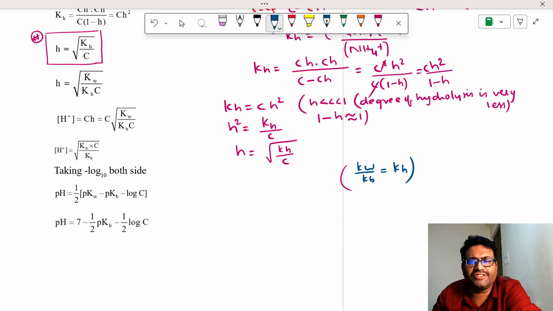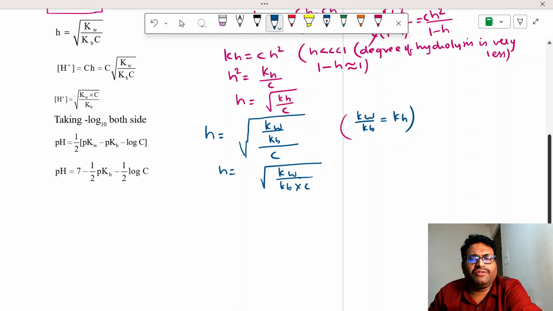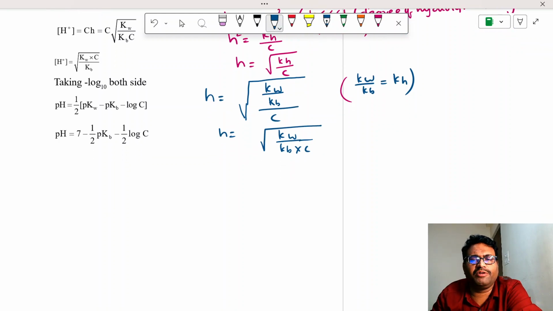Substitute here, h is equal to root of Kh by C, where instead of Kh we write Kw by Kb. So I can write h is equal to root of Kw by Kb into C. This is the degree of hydrolysis.